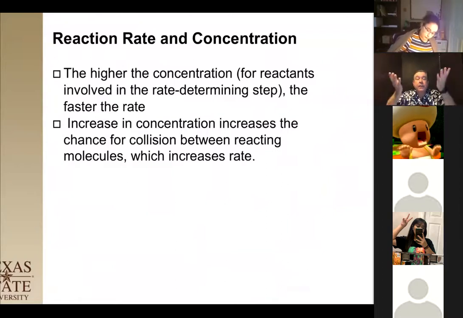Or if you increase the concentration of the two components, you have more chances for collisions, you have more chances for them to have the right energy, and therefore it gets faster. So increasing concentration increases reaction rate. Does that make sense? The more molecules you have bouncing around, the more likely they are to hit each other in the right way to cause us to cascade into products. Make that more stable product.